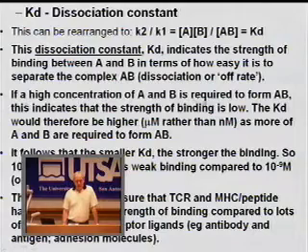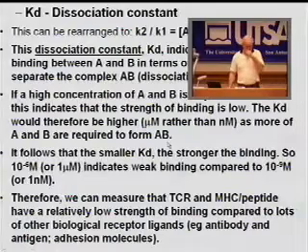So if a high concentration of A and B is required to form AB, that indicates the strength of the binding is low. The KD therefore would be high micromolar. Remember, concentration, as more of A and B are required to form the complex bound form, AB. So it follows that the smaller the KD, the stronger the binding.